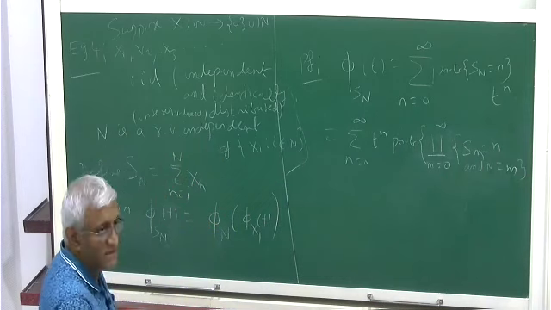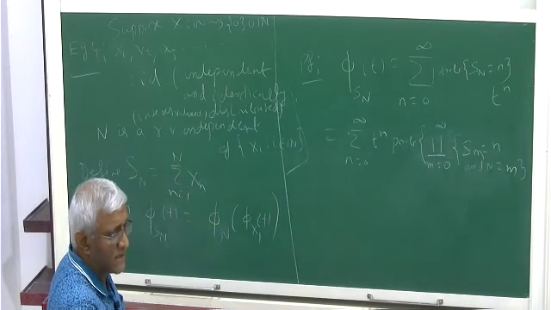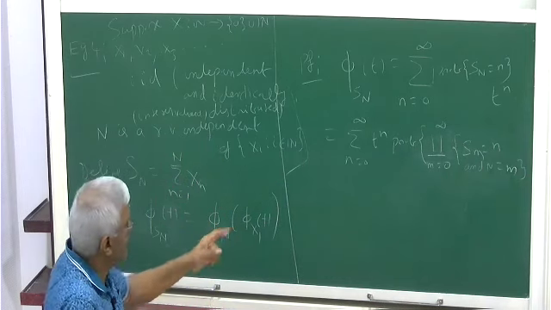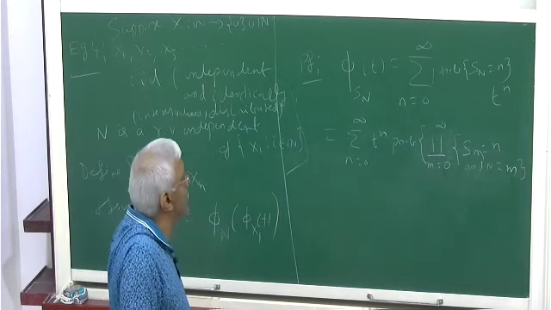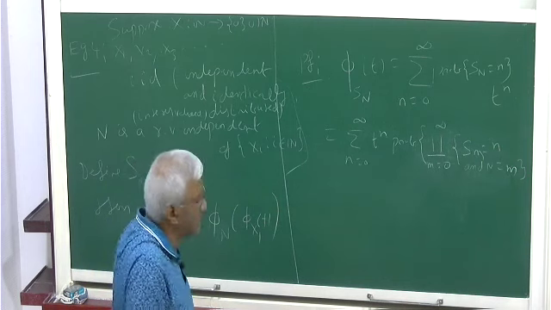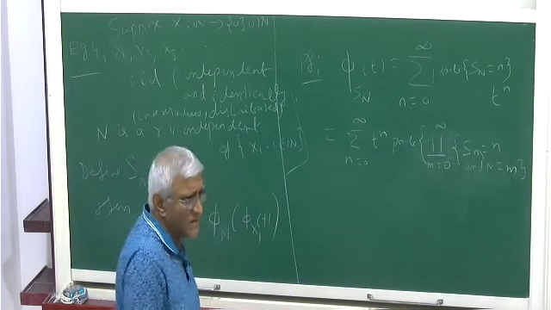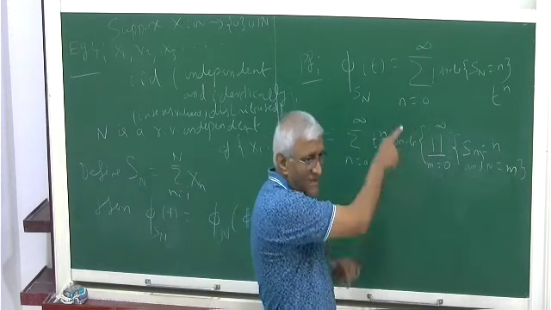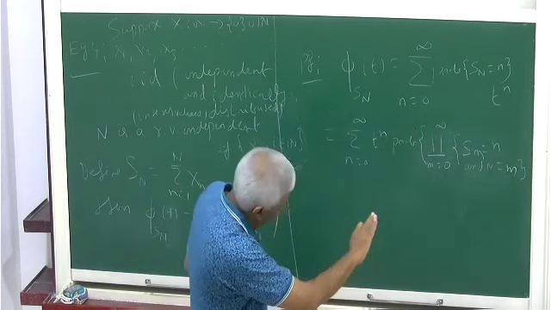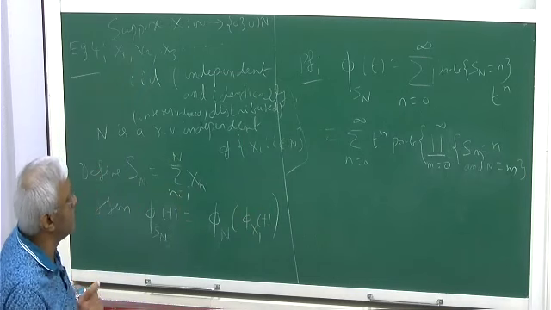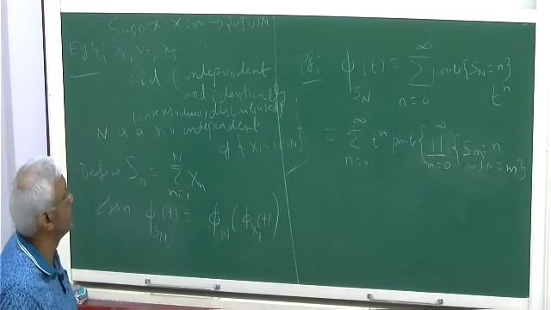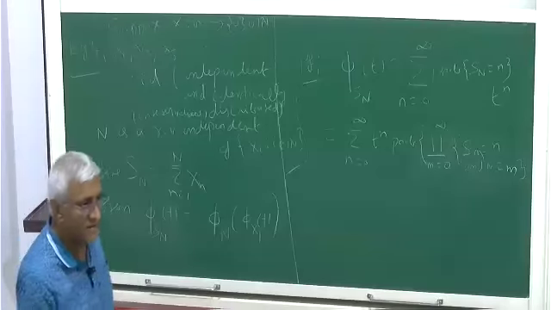Earlier I wrote something else, the wrong thing, I believe. That's what I wrote earlier also, but anyway it doesn't matter. This is the right expression: N takes the value m, varying over m equal to 0 to infinity, and S_m equals n. This is fine.